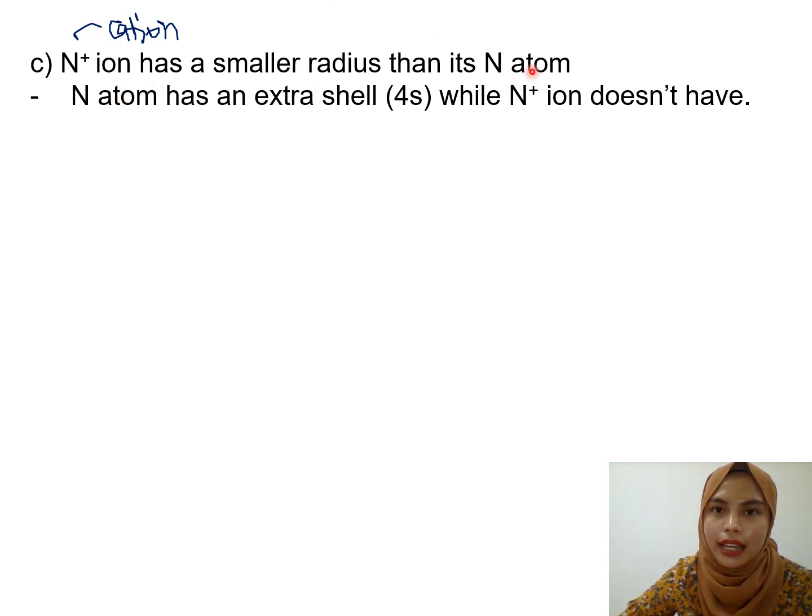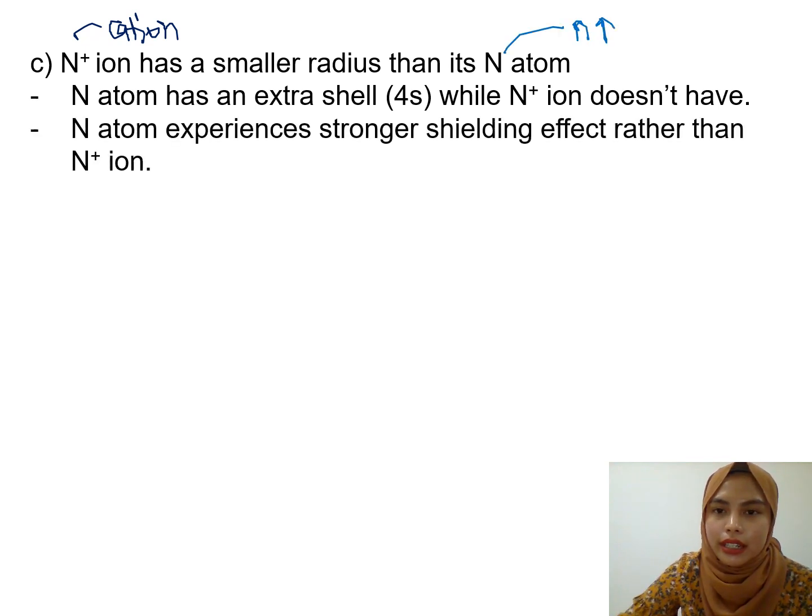So I can say that an atom lagi besar daripada cation, dia punya cation N plus ion. It is because an atom ada extra shell, which N plus ion tiada. So bila let's say an atom ni dia ada extra shell, therefore dia akan memberi effect pada shielding effect.